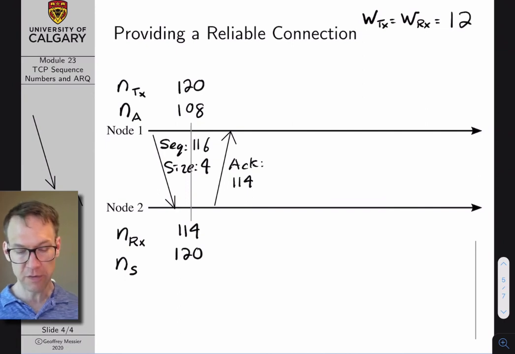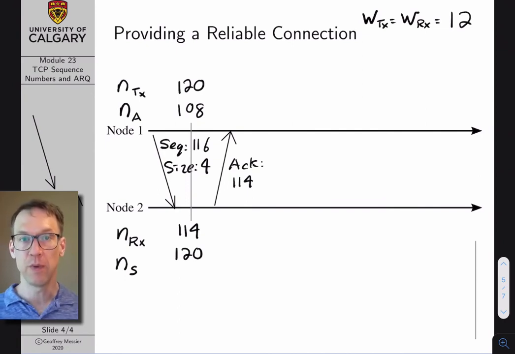This is the receiver's way of saying, I've received all of the bytes up to byte number 113 in order. All that's taken care of. I now need byte 114 because I haven't received it yet. I know I've received other bytes higher than 114, but I want to fill in the hole.